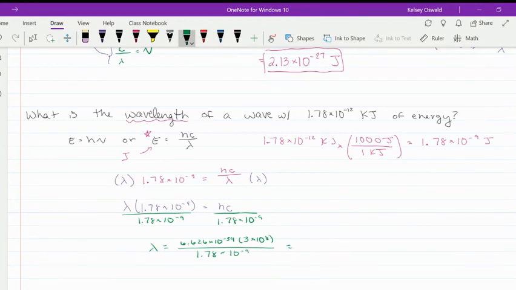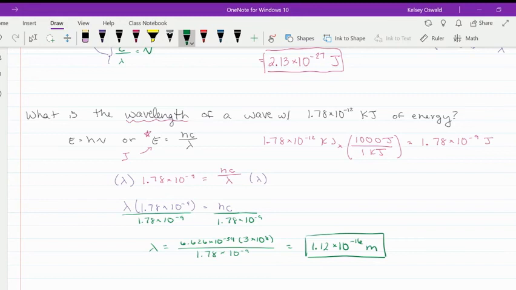And again, this is where it's always super helpful to use that E button, because then we don't have to worry about parentheses in my denominator. So when we divide, what we're going to plug in is divided by 1.78 E negative 9. And we should find the wavelength for this wave then is 1.12 times 10 to the negative 16 meters. Because remember, wavelength is always given to us in meters.